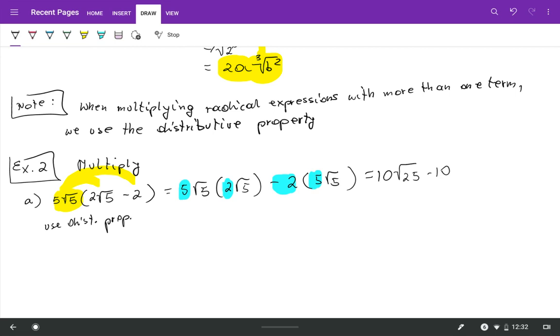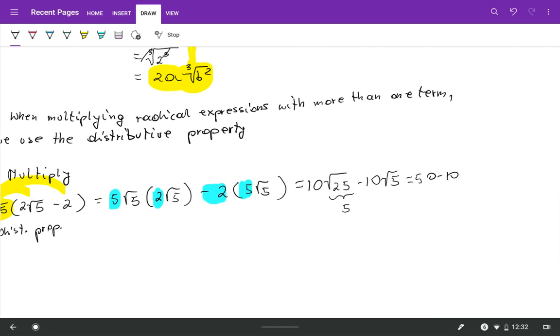And we just have square root of 5, which we copy. And that will give you square root of 25, which is 5. So we have 10 times 5, which is 50, minus 10 square roots of 5. Okay, and let me see if they want to leave the solution that way. Yeah, so you can leave the answer that way. Okay.